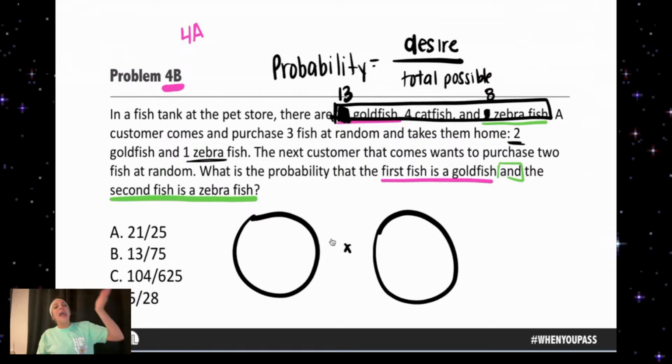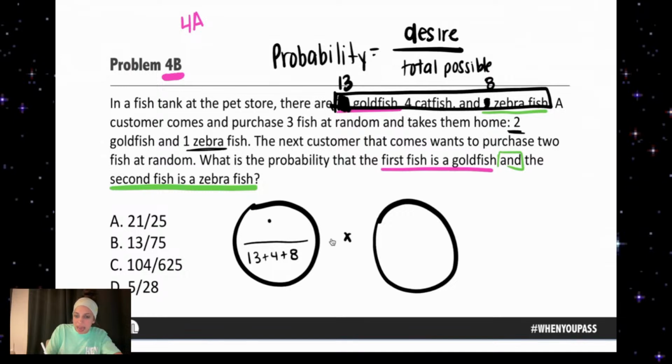So now the next customer comes in and my total possible is 13 plus 4 plus 8. They want to purchase 2 fish. The first fish is a goldfish, so my desire is 13 goldfish. But then they pick the goldfish out of the tank.